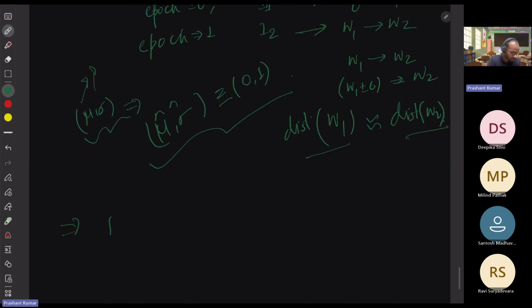So now let's talk about how we are going to do this. We are going to talk about the technique that is called batch normalization.